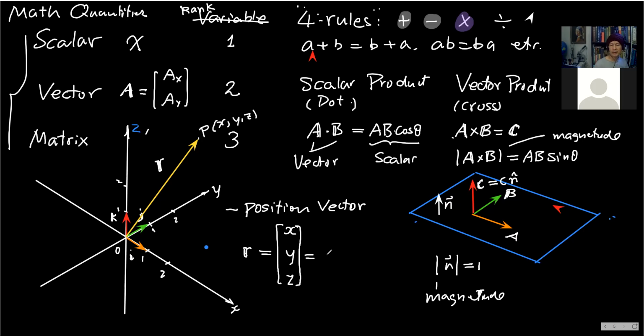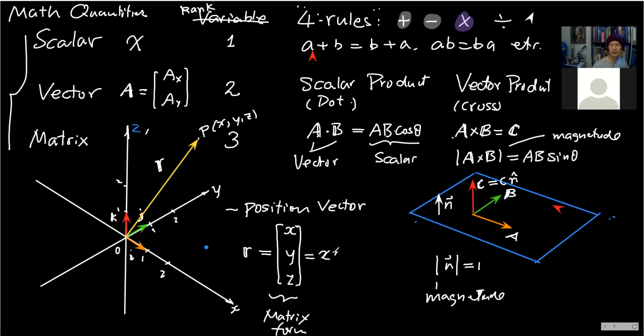Alternatively, we can use the component. This is matrix form. You see, this is a matrix form of a vector. Alternatively, we can use component form.